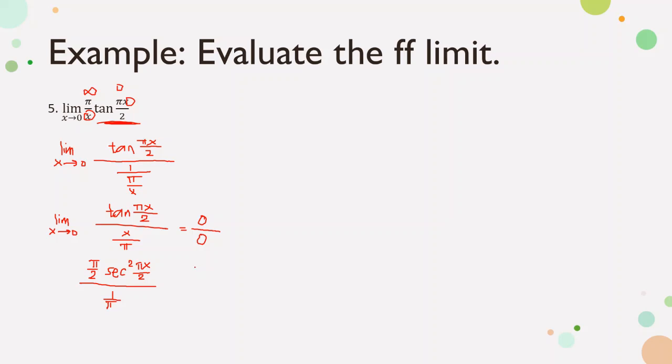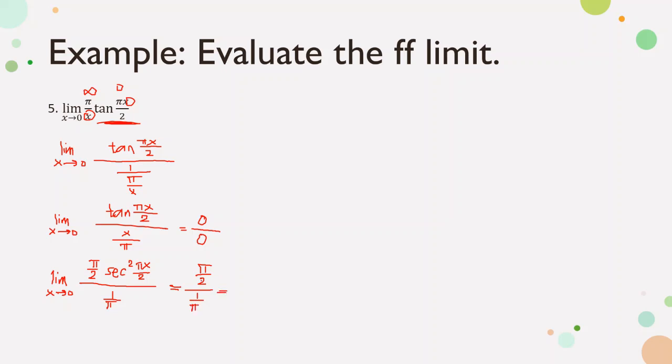Now after we got the derivatives, let's try to substitute our limit again, which is 0. So pi over 2 times secant squared of pi times 0 over 2. If you try to calculate that, that would give you pi over 2 all over 1 over pi.